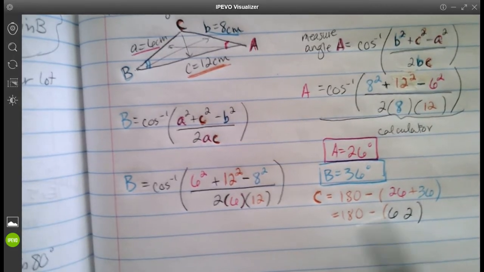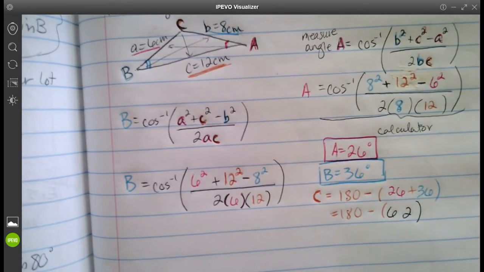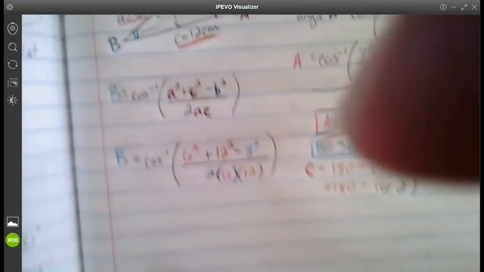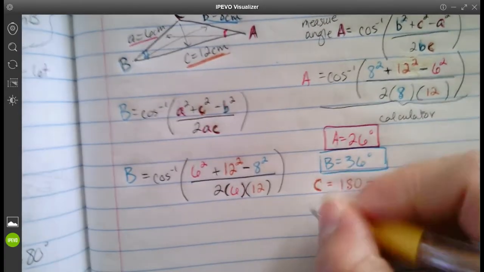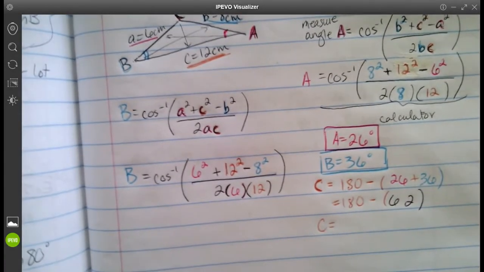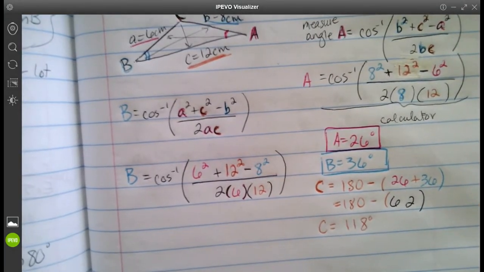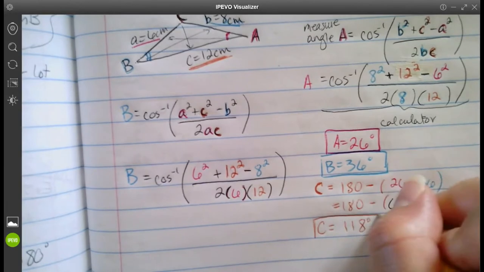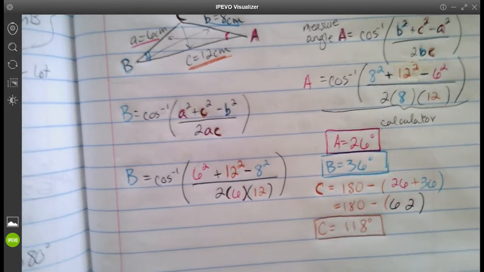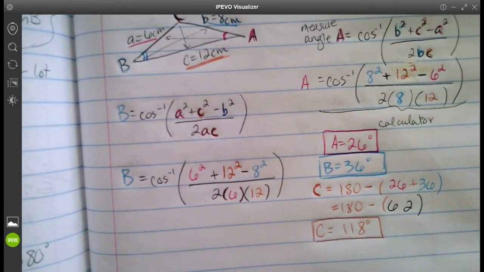Okay, so we subtract 180 minus 62, and that's going to give us C is equal to 118 degrees, I believe. Okay, so there we go. We have found all three angles, and that's it for this example.